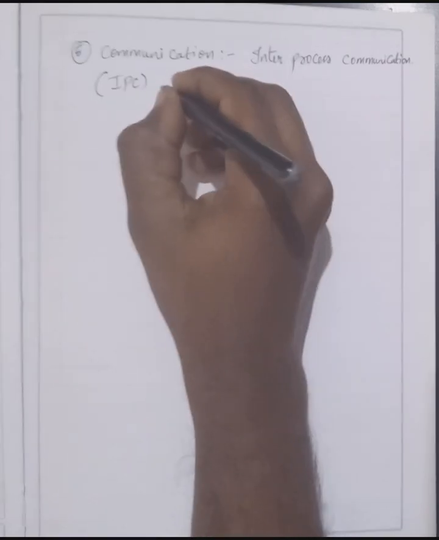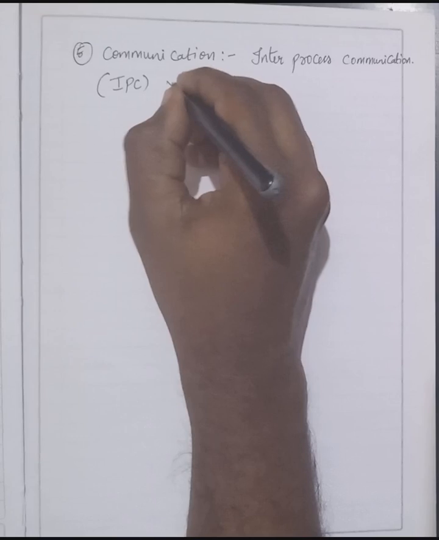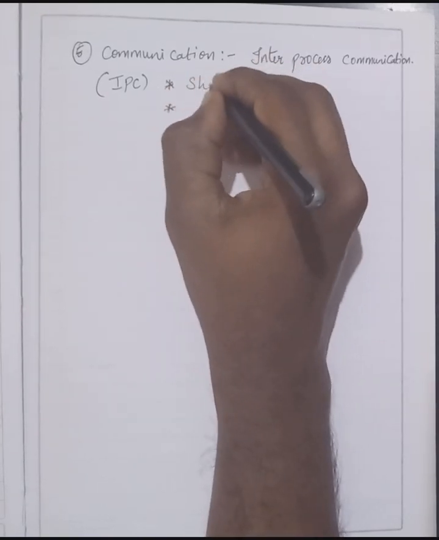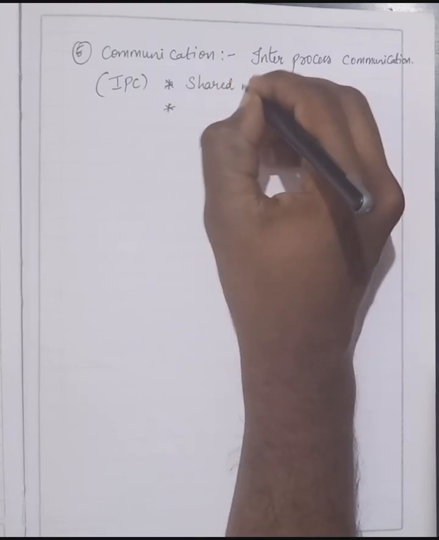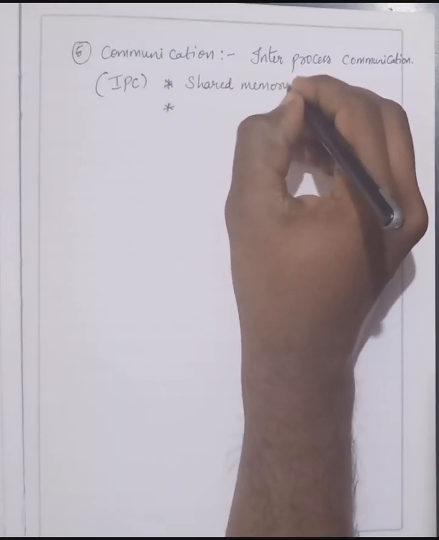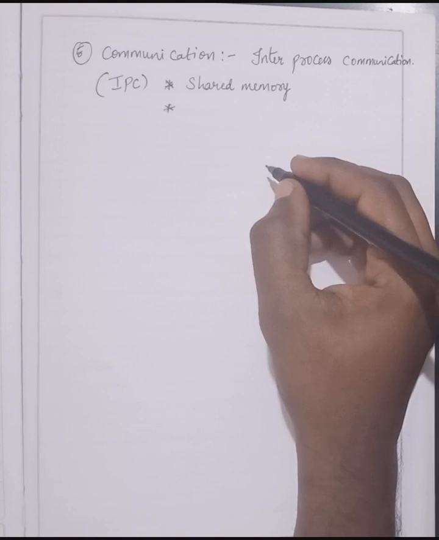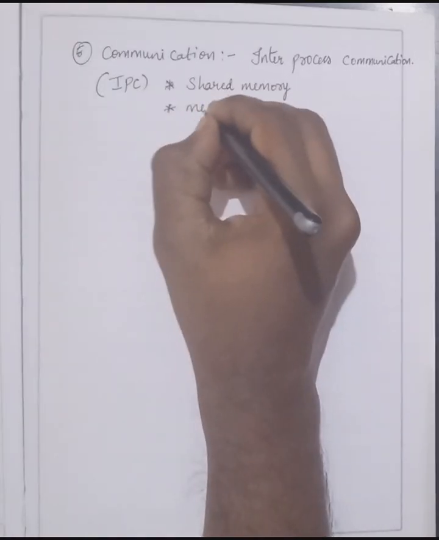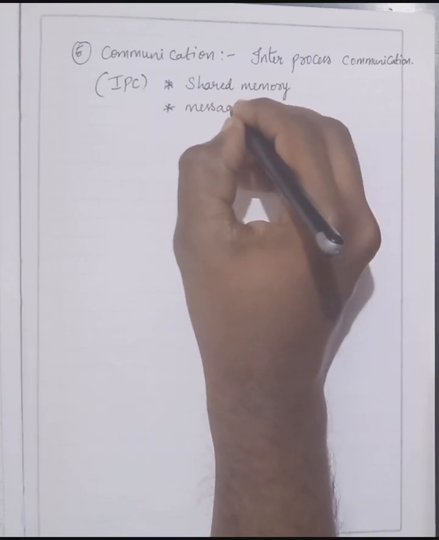What are the two types of communication? You should remember two key points. One is shared memory, where there is a common memory and both processes put the data into the shared memory. The second one is message passing, where processes can send a message between them.